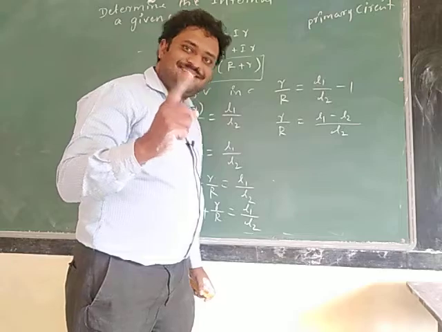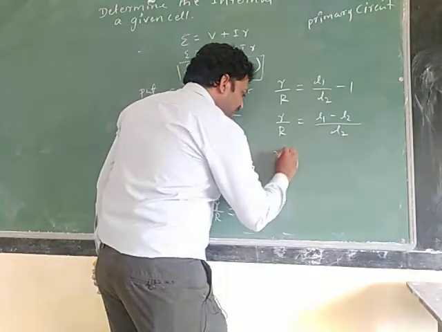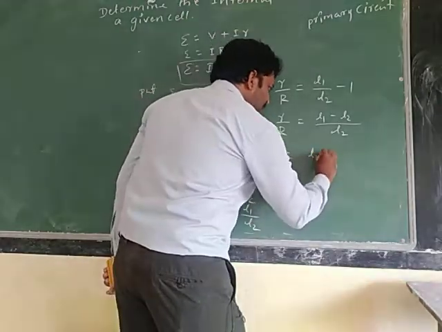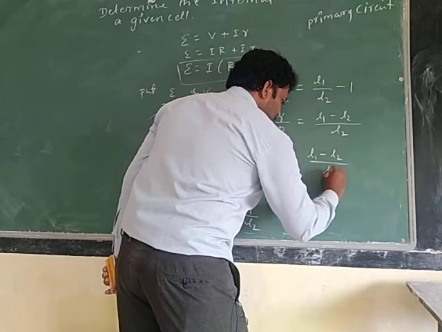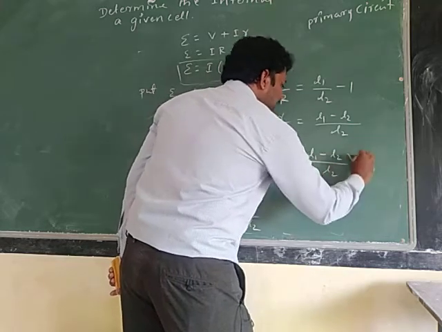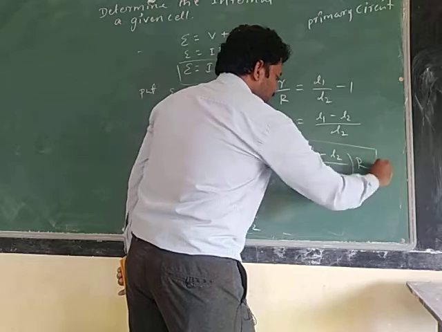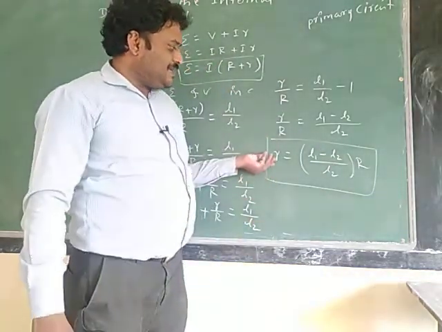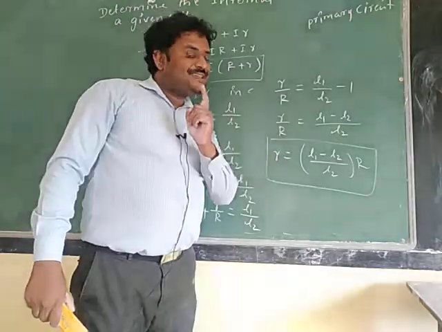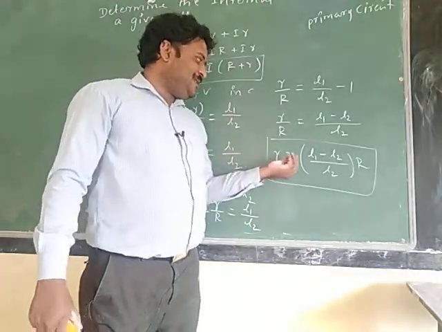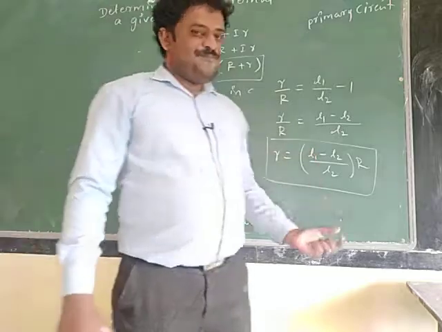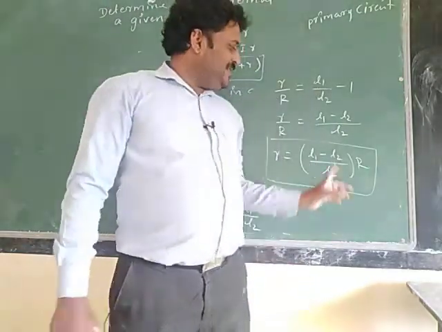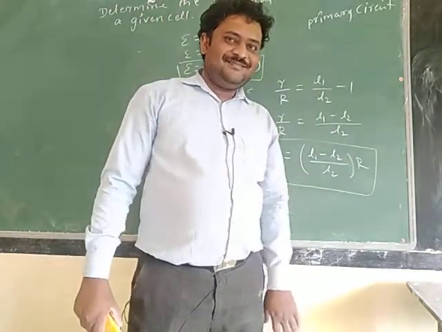Therefore, small r is equal to L1 minus L2 divided by L2 into capital R. This is what we needed to determine the internal resistance of a given cell.